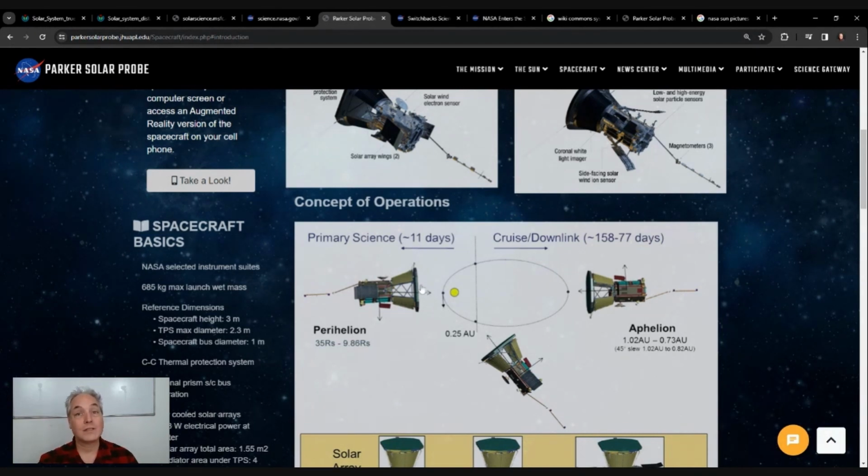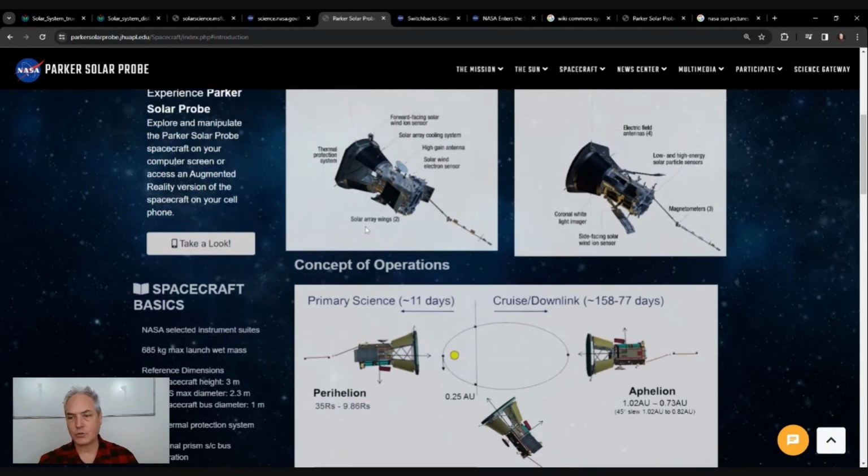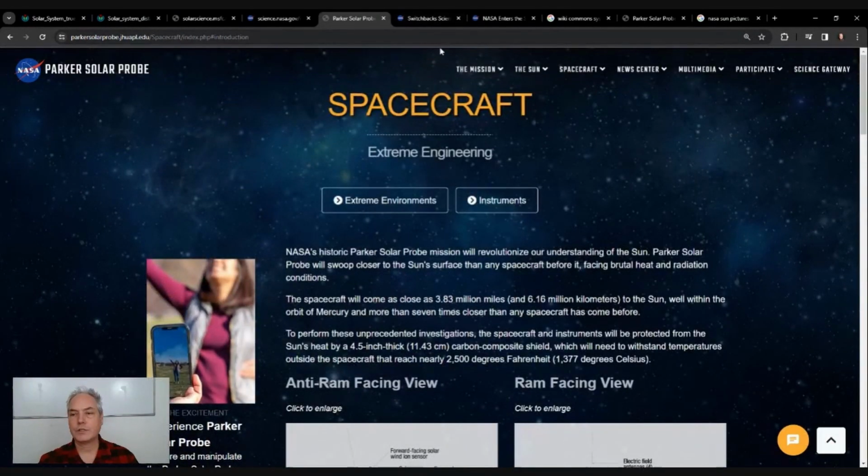The temperature on one side is about 1400 degrees Celsius. However, on the other side of the heat shield, it is between 25 and 30 degrees Celsius. Quite comfortable for any apparatus or equipment to work nicely. So this is what the probe looks like.